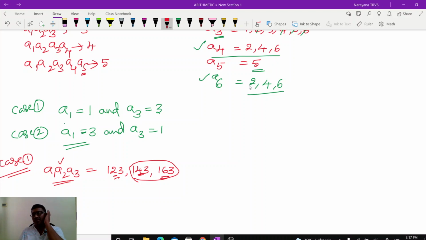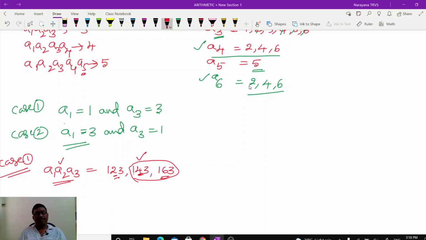So what was the given condition? The given condition was a1, a2, a3 and so on up to ak. The system is base 10, and that number must be divisible by k, where 1 is less than or equal to k less than or equal to 6. So a 3-digit number must be divisible by 3.